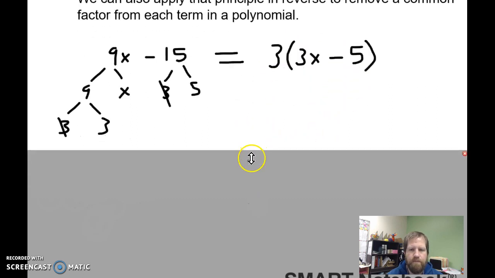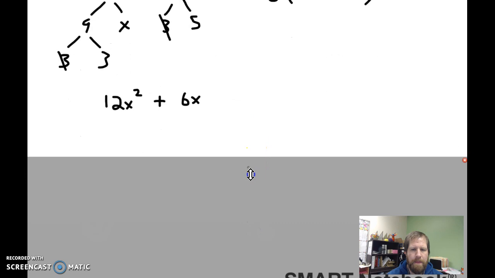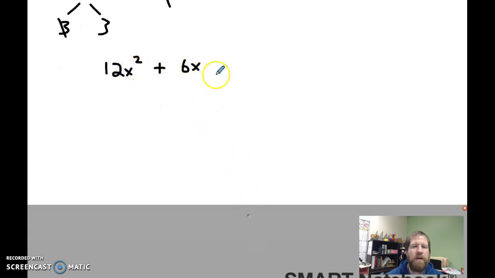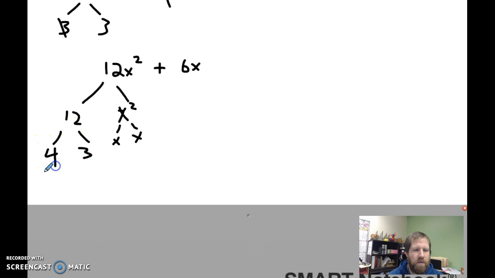Let's look at another one. Just like factoring numbers, we can factor out a variable as well. If I factor this, I'd have 12 and x squared, which would be x and x. 12 would be 3 and 4, and 2 and 2.